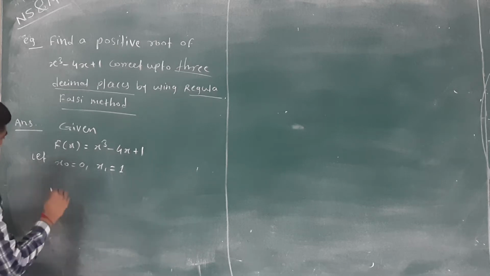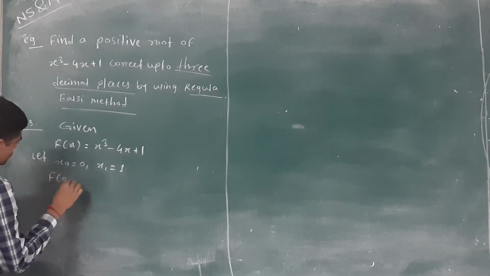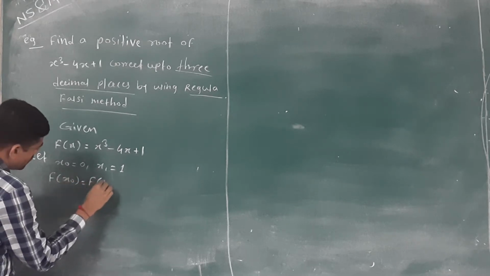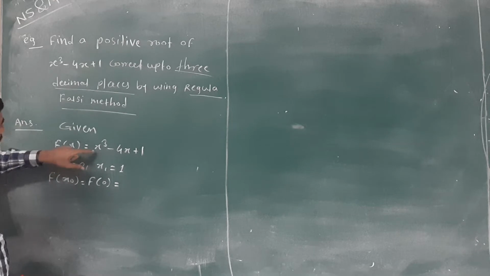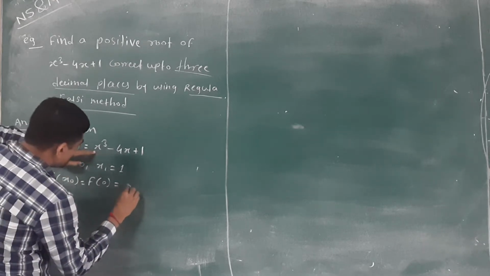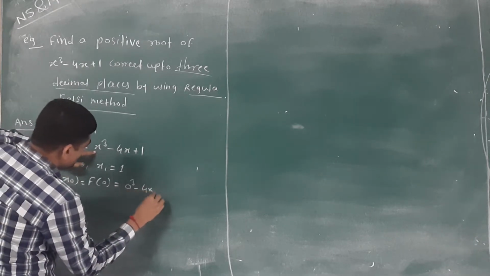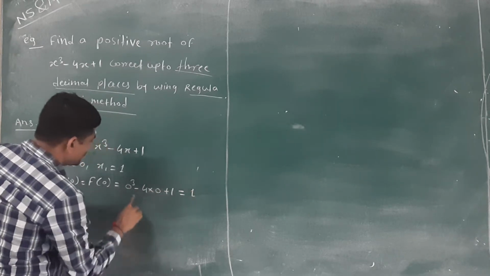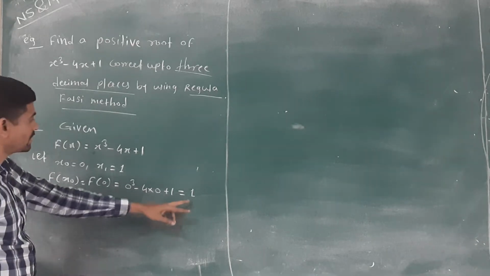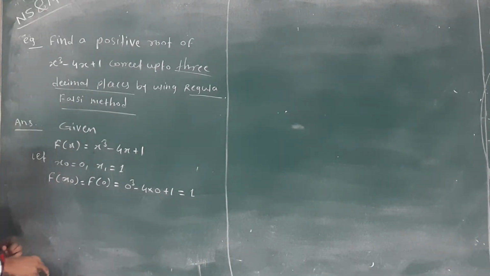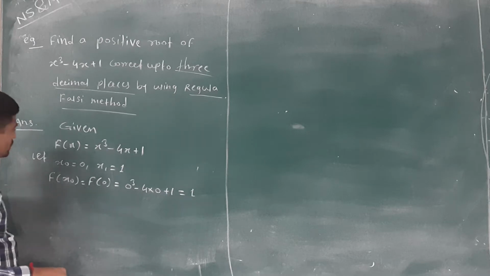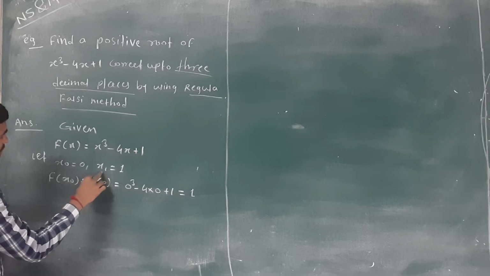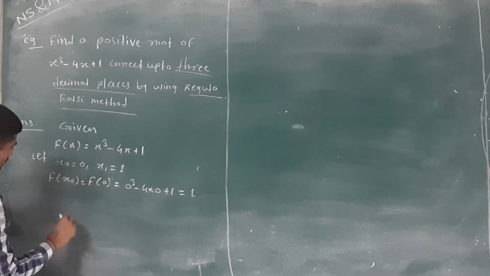Then you have to find the value of f(x0) = f(0). Putting it in the equation, 0 cube minus 4 into 0 plus 1, you will get positive 1.